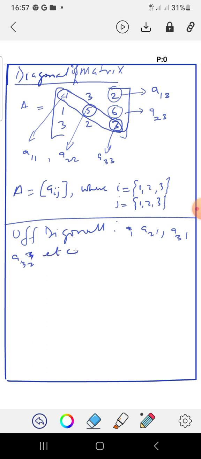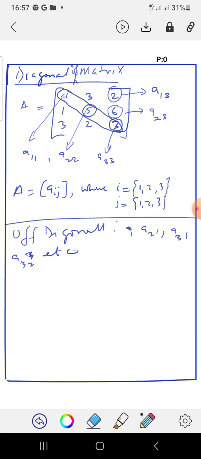Those are the off diagonal. If you look at the diagonal elements of the matrix, the indexes are equal: 1,1, 2,2, 3,3. Any other thing outside such arrangement is off diagonal.